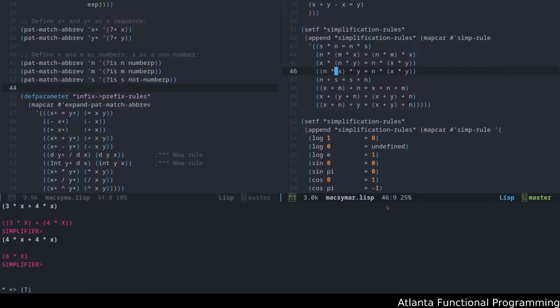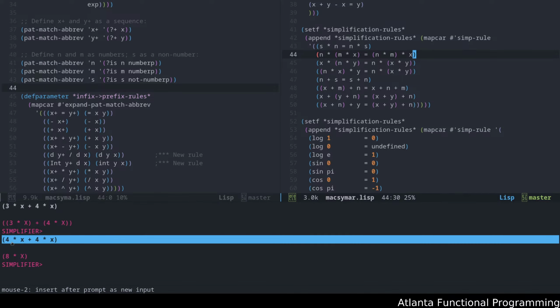So we parenthesize this n times x here, line 44, and then we added it to the other one that gets added, which is 4 times x here. But what we should have recognized is 3 times x plus 4 times x can actually be moved into the same case as 4 times x plus 4 times x, and we should be able to reduce it.